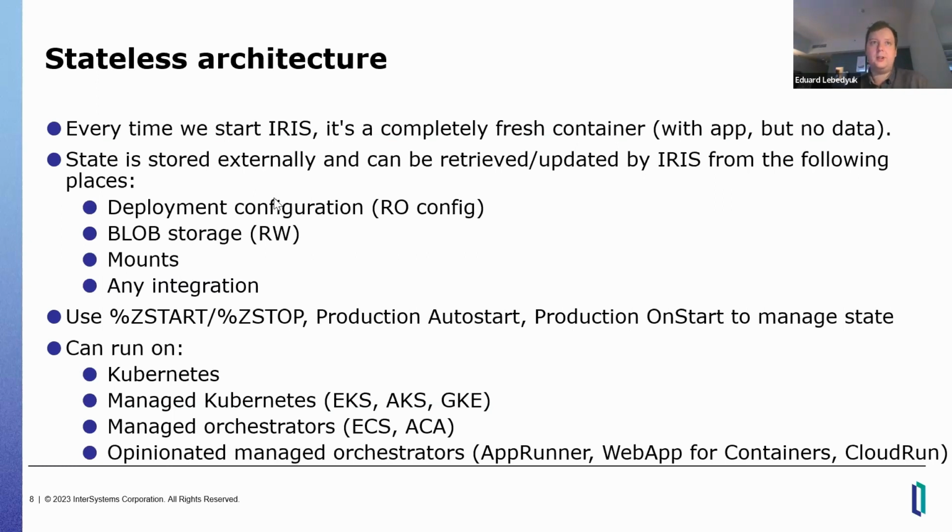System default settings are a very convenient place to store and retrieve the configuration. Usually we do it as follows. The system default settings are imported during container build, then they are updated in zstart based on environment variables passed to a container.